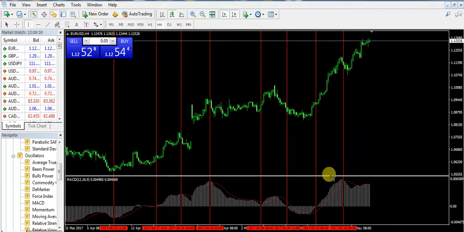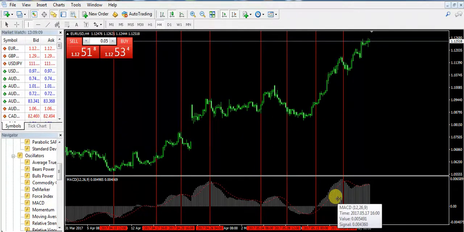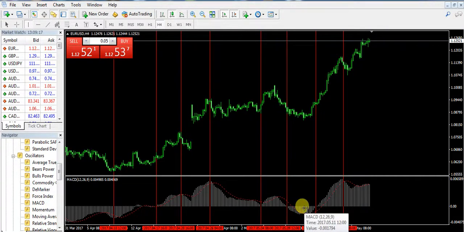When the bars are in the positive territory of the MACD, that indicates that the market is in a bullish price action. When the bars are in a negative territory on the MACD, that indicates a bearish price action. And that's very simple, and it's very clear to see.